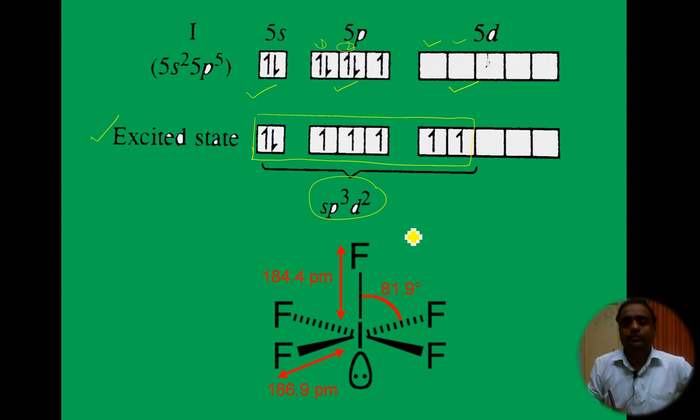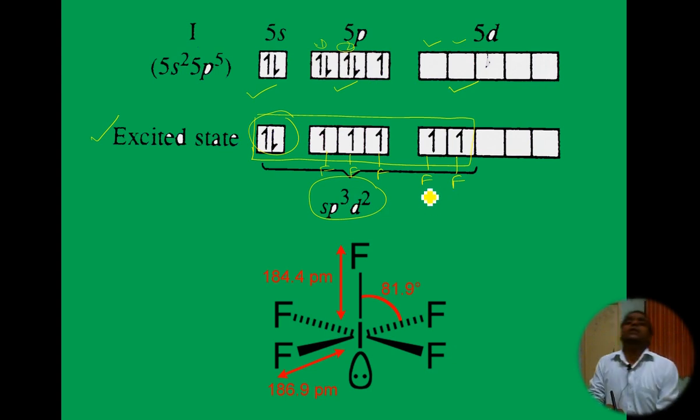Now the shape of the molecule is mostly driven by the number of lone pairs. In this molecule there is only one lone pair, and these 5 are bond pairs. In each orbital there will be one electron shared by a fluorine atom.